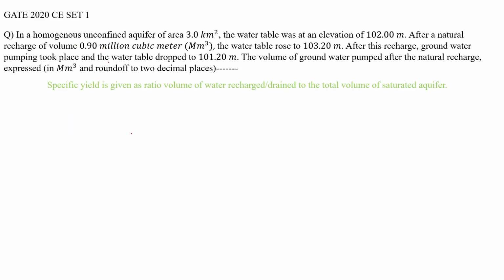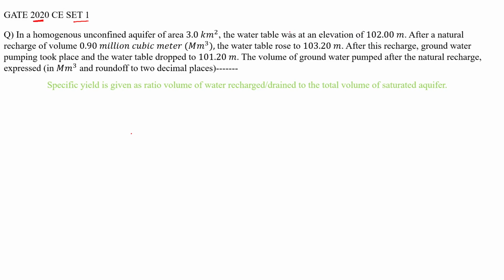So let's solve one question. I have taken this from GATE 2020 CE Set 1. A similar type of question we solved in the previous session also, but that was from 2016. Now I have taken another question from 2020 to show the importance of this particular model type of question. In a homogeneous unconfined aquifer of an area 3 kilometer square, the water table was at an elevation of 102 meter.